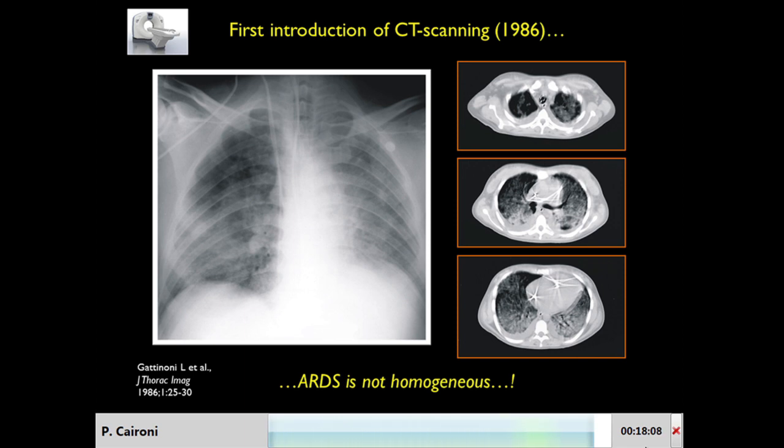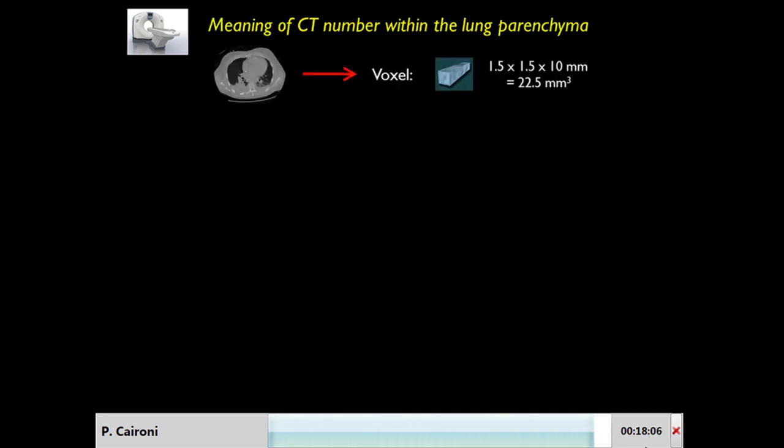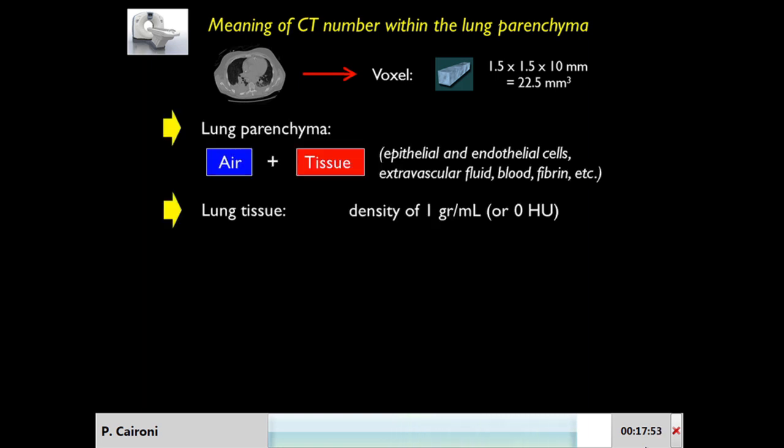But how can we measure lung recruitment by CT scanning? First of all, we know that a CT scan image is made of voxels, which are little squares.